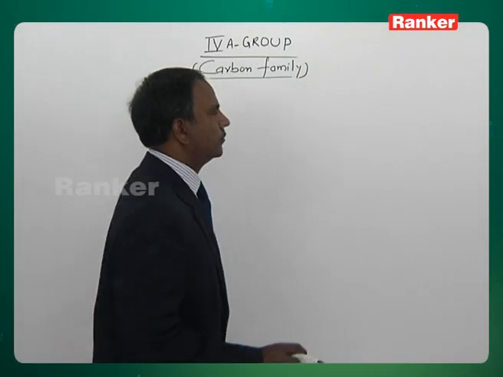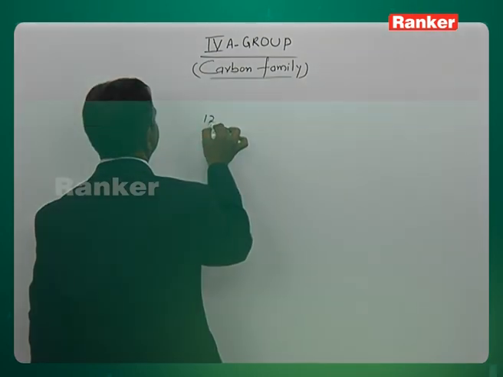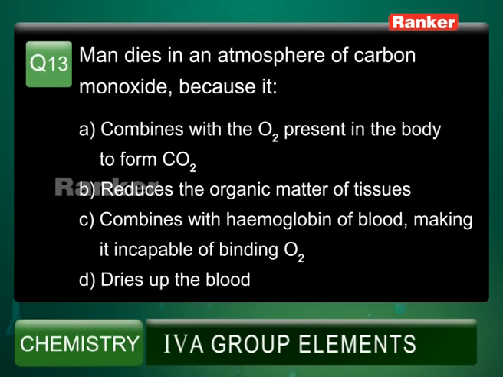Question number 13. Man dies in an atmosphere of carbon monoxide because: A, it combines with O2 present in the body to form CO2; B, it reduces the organic matter of tissues; C, it combines with the hemoglobin of blood, making it incapable of binding O2; D, it dries up the blood.